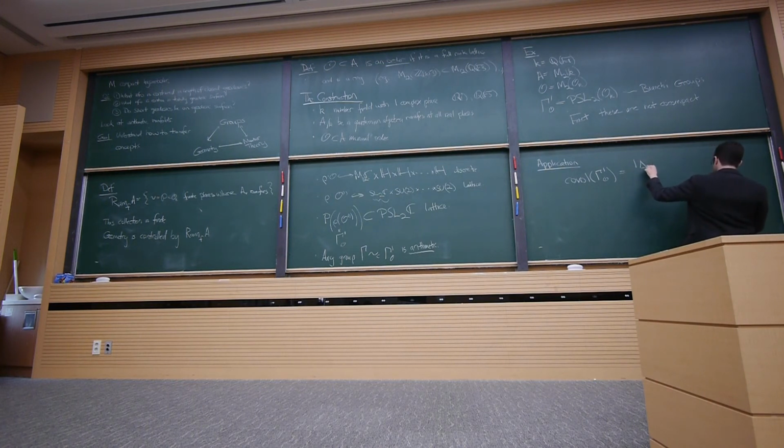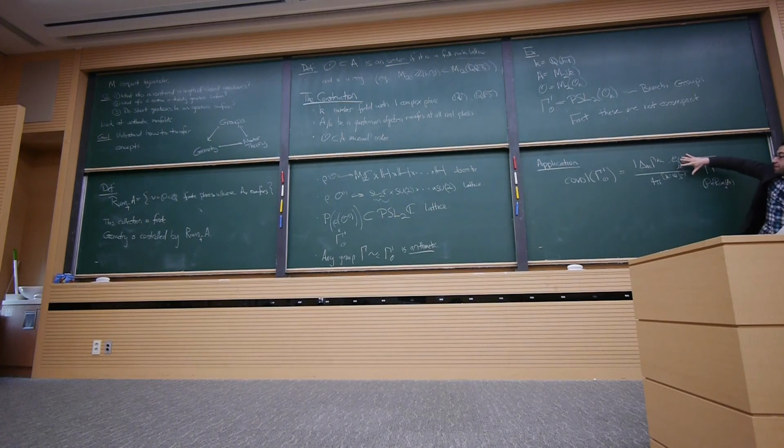This particular computation was worked out by Borel in '81. So this is the discriminant of the number field, something that measures the size of its ring of integers, times zeta of 2, the Dedekind zeta function of the number field, to the power 4k minus 1, times the rest.